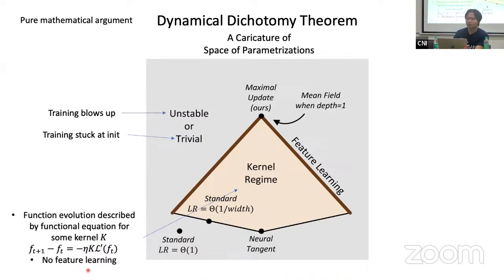It's the learning of representations of the inputs, like having an internal, learned representation of a picture of a cat, that kind of thing. So any point in this kernel regime that satisfies this kind of equation will not have feature learning. So these do not describe the neural networks that we love in practice.